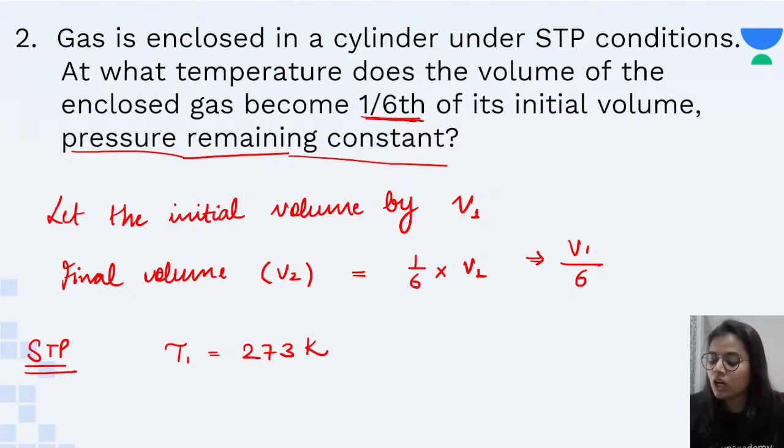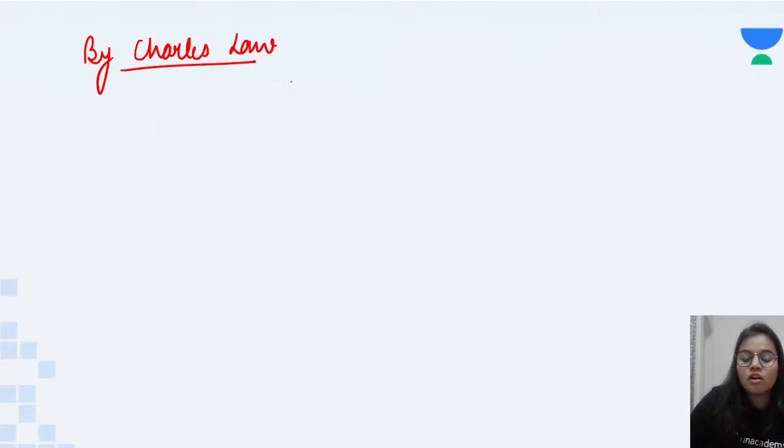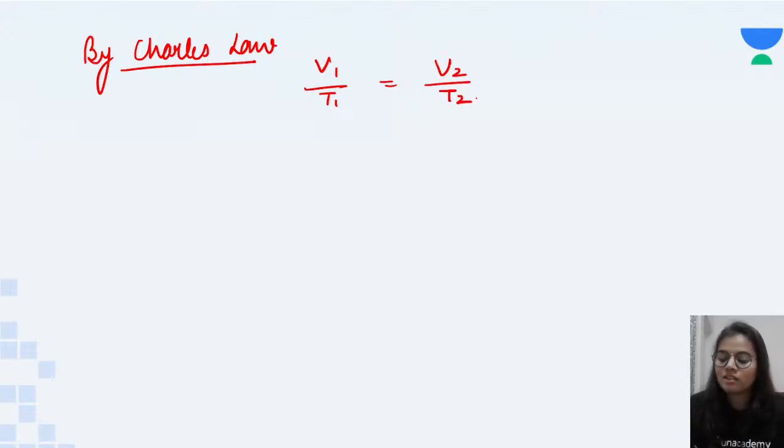So it was Charles' law, right? So by Charles' law, what was the equation? We were told that V1 upon T1 is equal to V2 upon T2. Alright, now since pressure is constant, so we do not have to touch it.